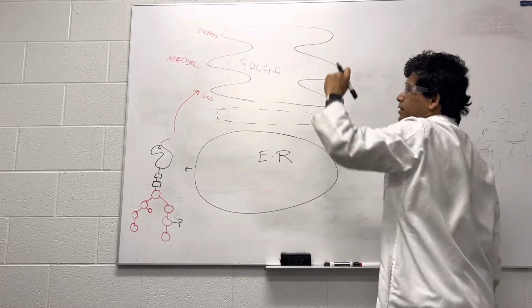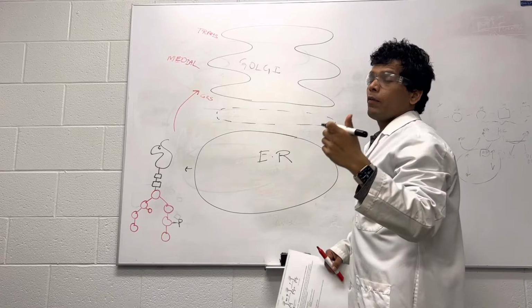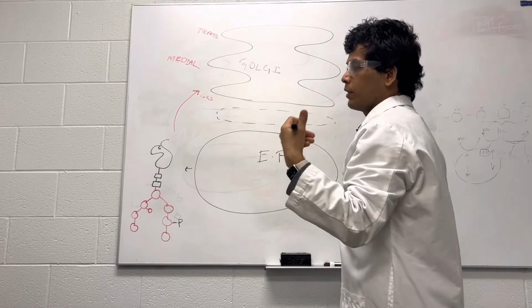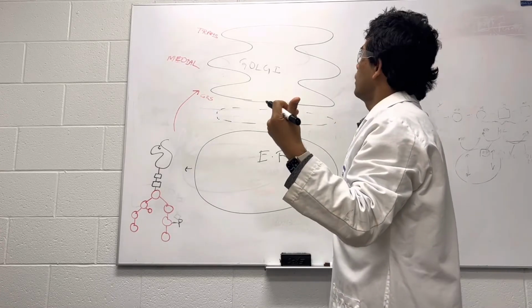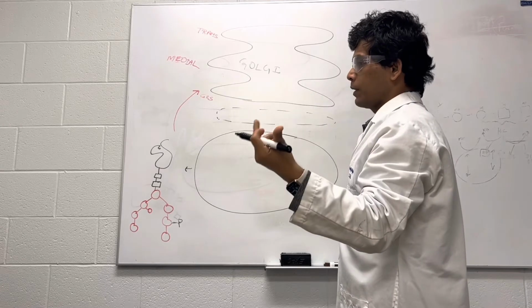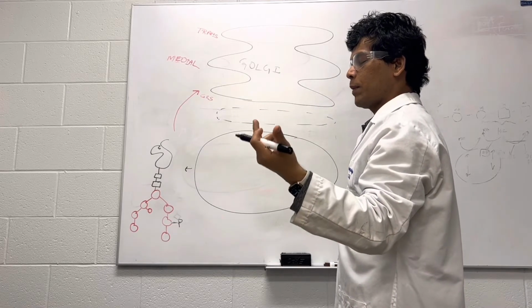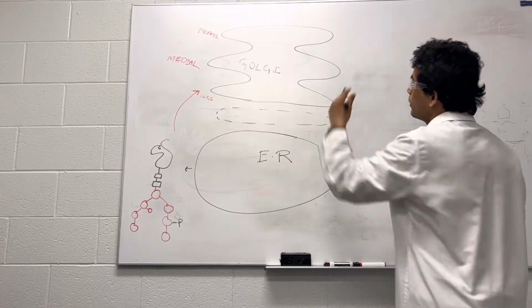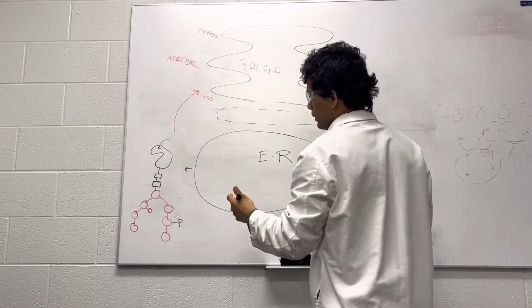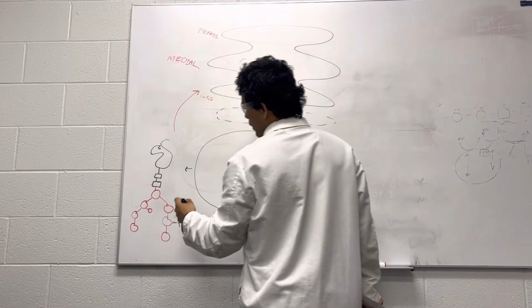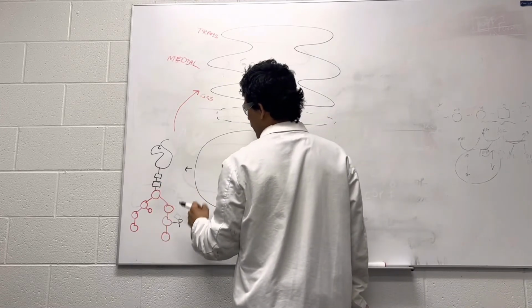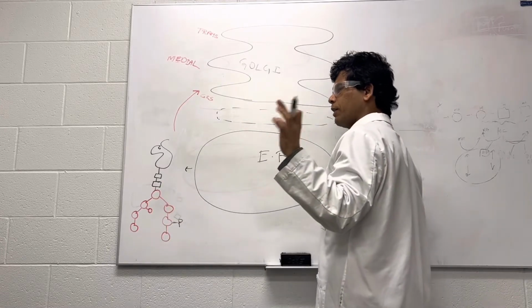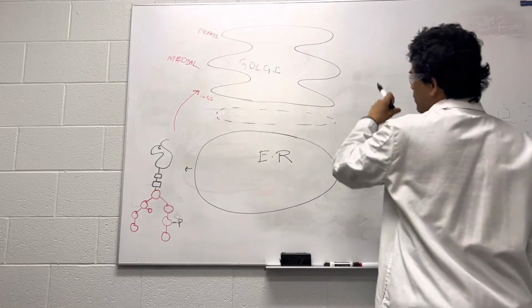After the trans, there is a network that will determine whether the protein should go to the plasma membrane, or be secreted outside the cell, or be destined towards the lysosome. So at that part, this glycan structure, which has a phosphorylated mannose, will destine it towards the lysosome.